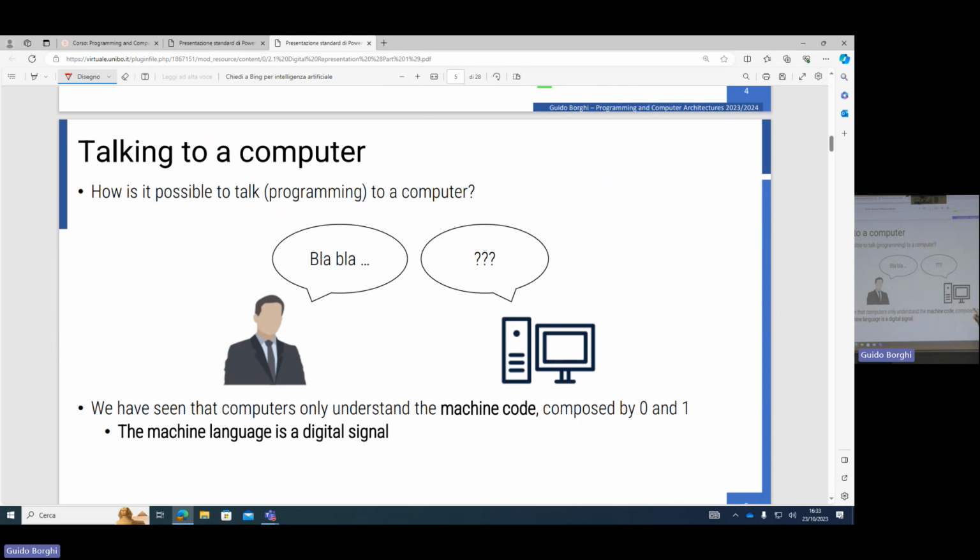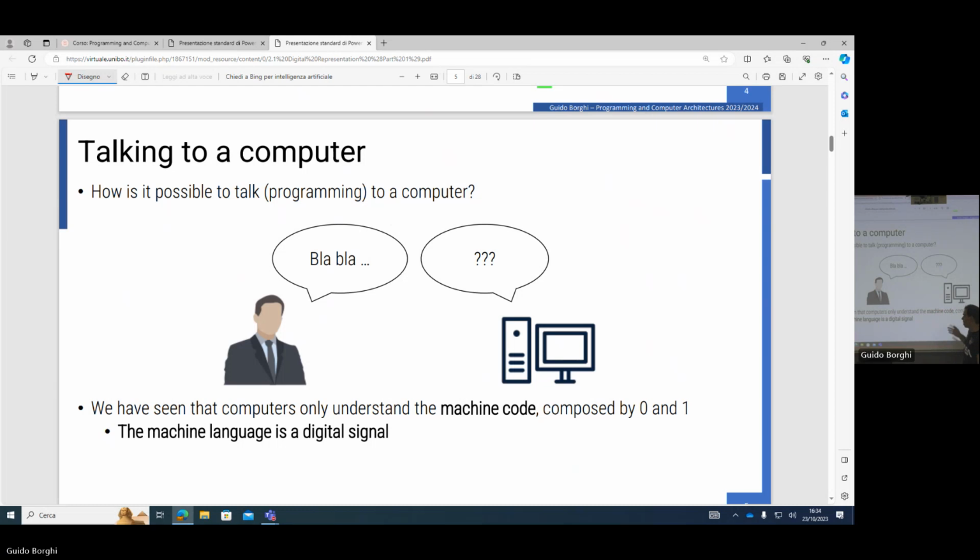Here we recall a slide that we have seen in the first part of the course. How is it possible to talk to, or to insert programs into, or to program a computer? We have to use the machine code, if you remember. It's mandatory to use the machine code. And if you remember, the machine code is composed of only 0s and 1s.